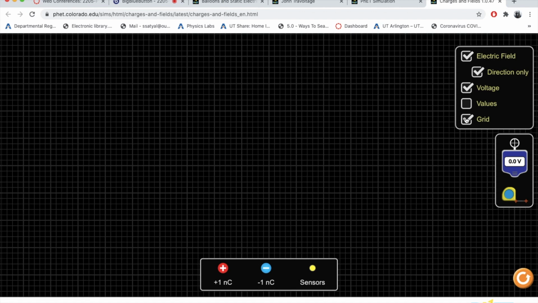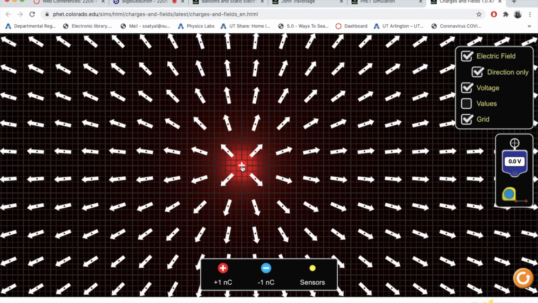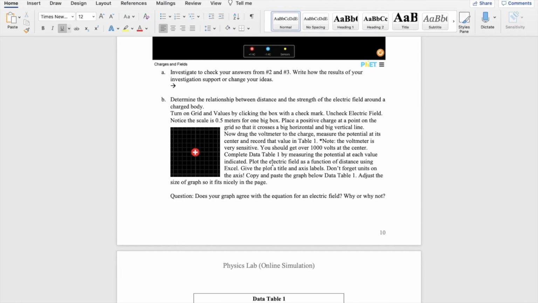I am going to use the grid lines here, and this nC means nanocoulomb. 1 nanocoulomb is the magnitude of this positive charge here. I'm going to take a 1 nanocoulomb charge and place it at the center or anywhere on this axis. I believe one small division is 0.1.